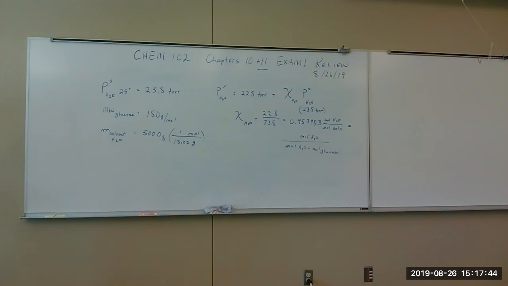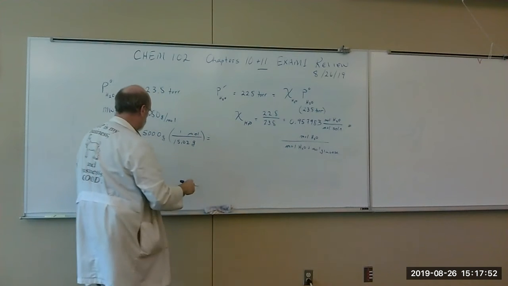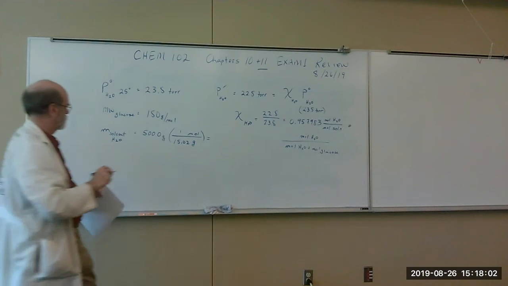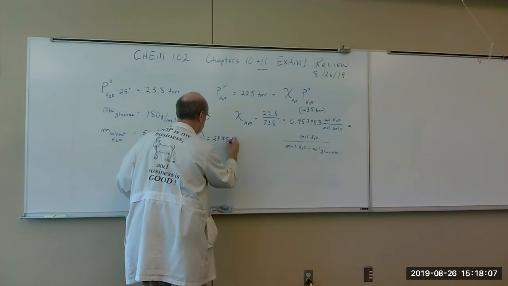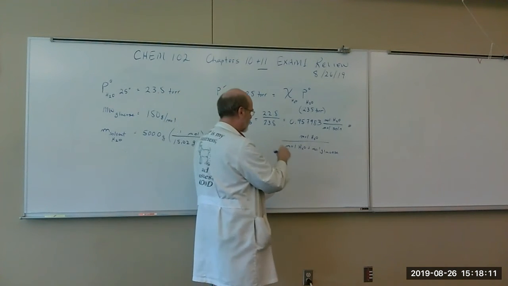Because that's 16, rounded off, and this is 1.01 times 2, 2.02, plus 16. Okay, so if we divide 500 by 18.02, we get 27.75 moles of water.